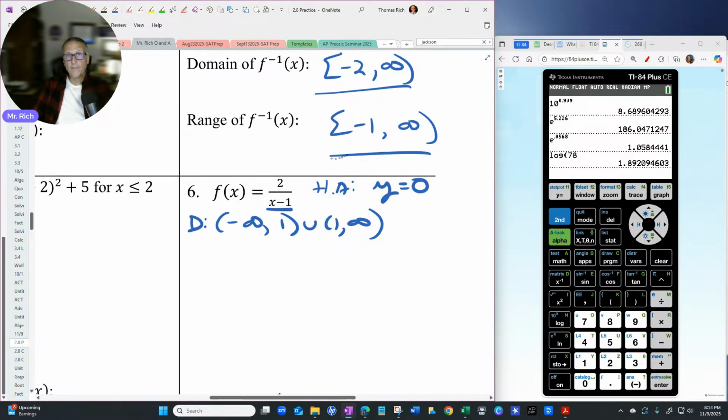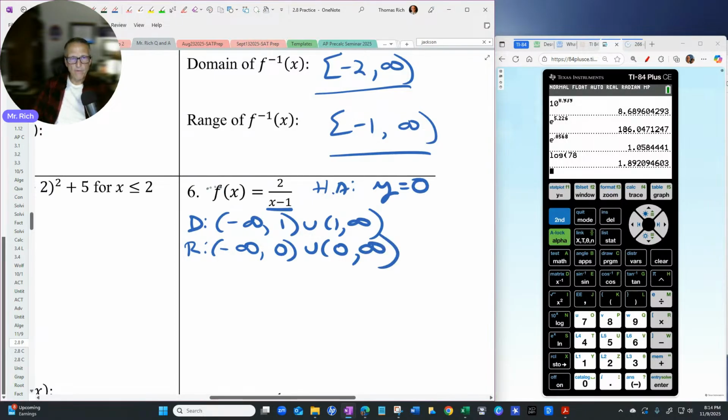Therefore, whenever you have that situation, your horizontal asymptote will be laying right on the x-axis at y equals 0. That being the case, the range is going to be all real numbers except for 0, because we will not have any y values touching the x-axis. So our range is going to be -infinity to 0 union 0 to infinity.